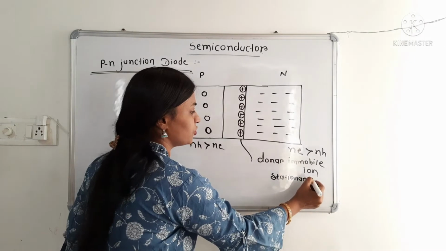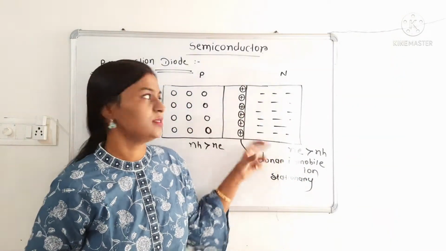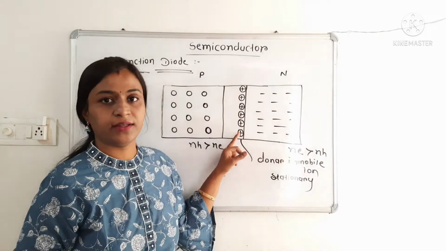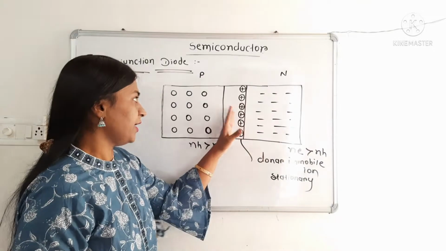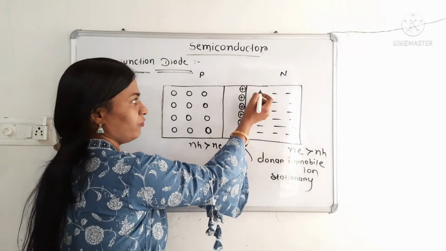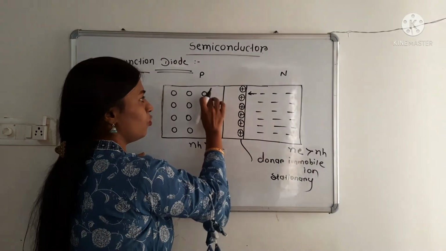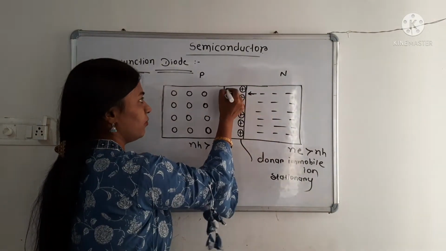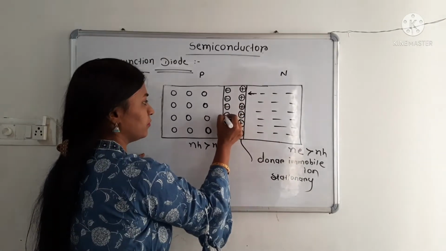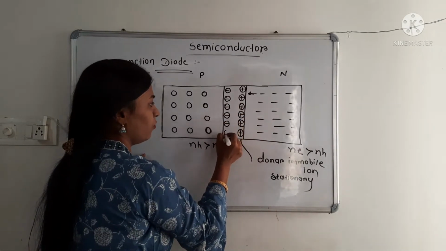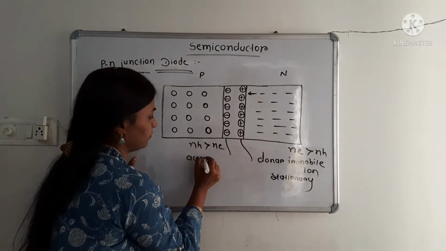After recombination, after diffusion of these electrons and holes, these ions are formed, and these ions are donor ions which are immobile. At the p side, when these electrons move towards holes, these holes and electrons recombine and form acceptor ions.